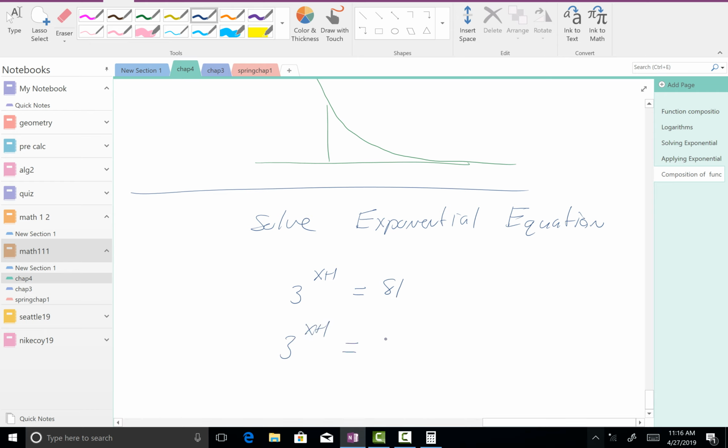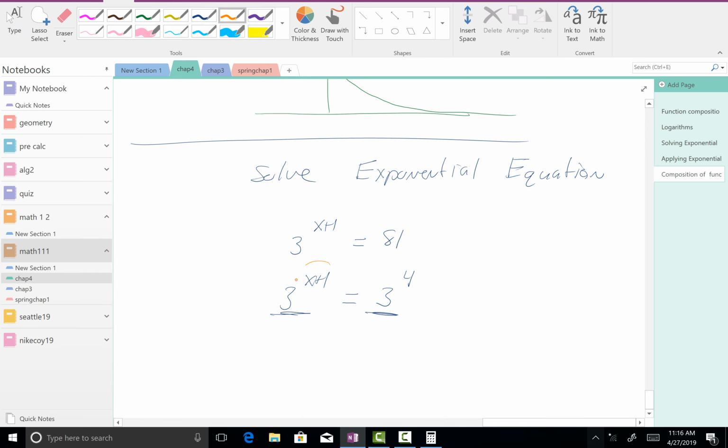So 3 squared is 9, 27, 81. So that would be 4. So now that these two bases are the same, then that means that these exponents are the same. So we could just go x plus 1 is equal to 4, so x has got to be 3. Right? That's how they do those.